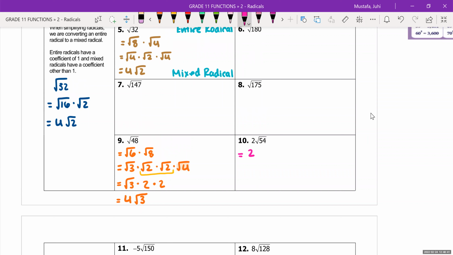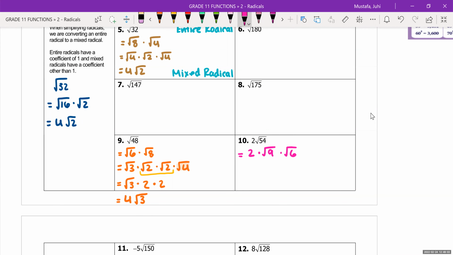What are two numbers that give us 54? Nope, that's okay. There we go, good. So root 9 times root 6. We know root 9 is a perfect square, so that's great.